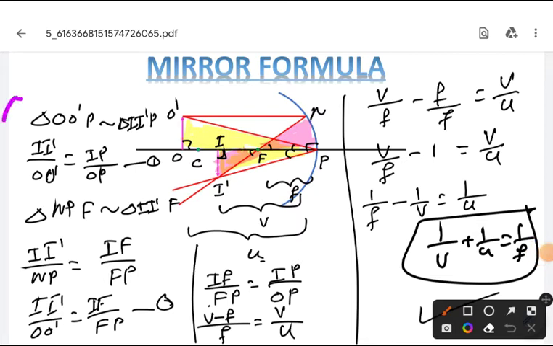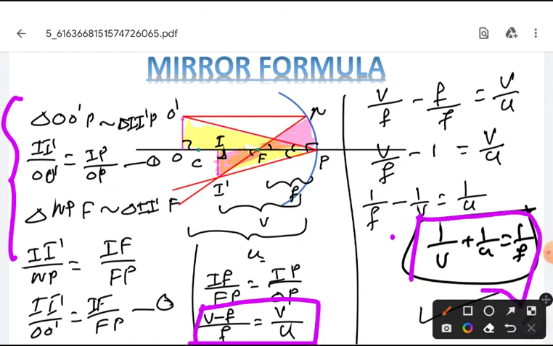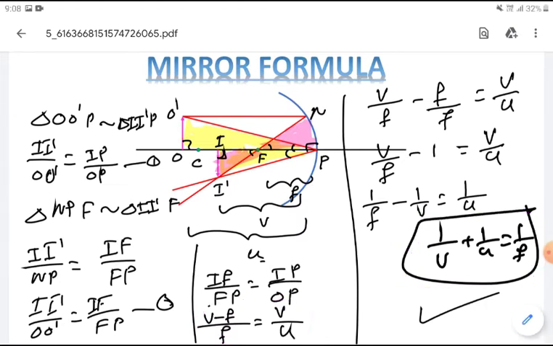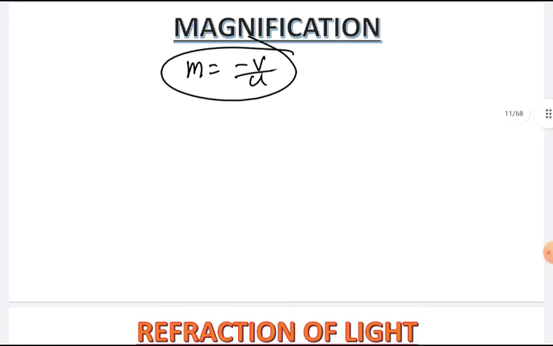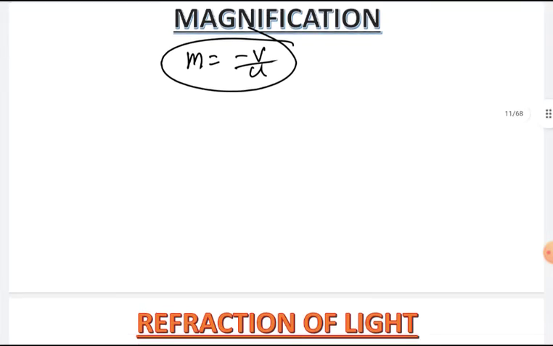On taking two triangles and substituting the values, at last you will get 1 by v plus 1 by u is equal to 1 by f. Then magnification, m is equal to minus v by u.